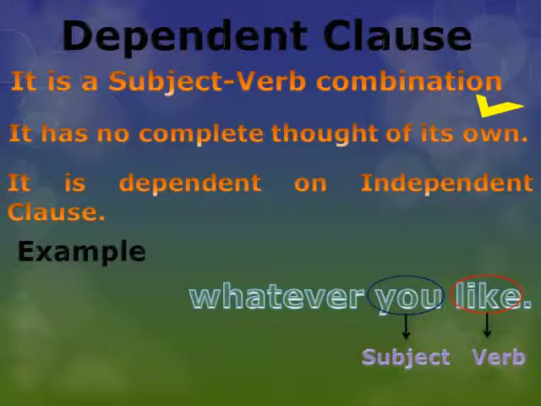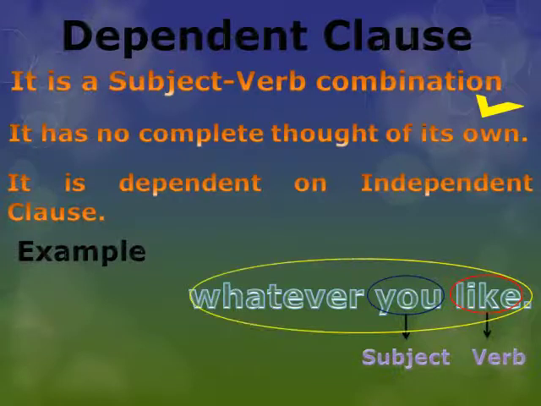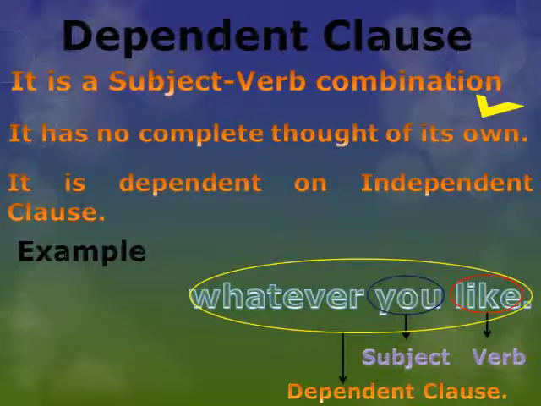Then, if we see it as a whole, whatever you like, it has no complete thought of its own. That means it needs some extra words to complete its sense. So this is a dependent clause, when it is depending on any other clause.